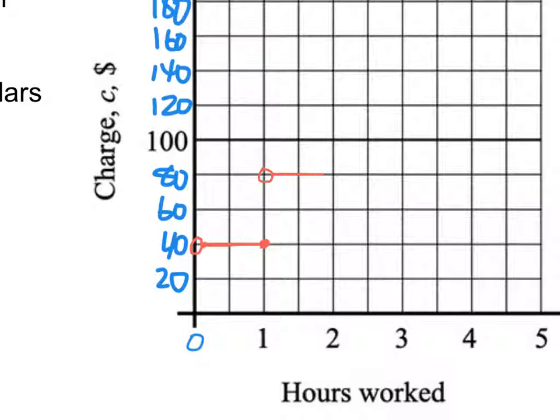And then I'm going to plot points that'll get me really, really close. Or it'll get me all the way to 2. And then I'll plot points that'll get me really, really close to the next price point. All right? Which would be what? 120. So open circle at 120.